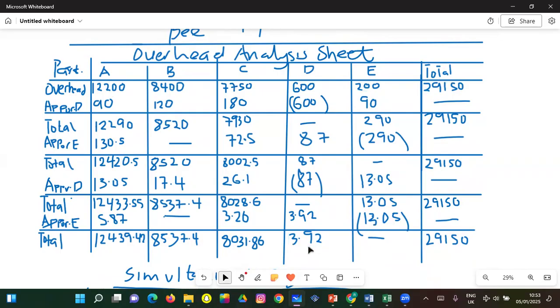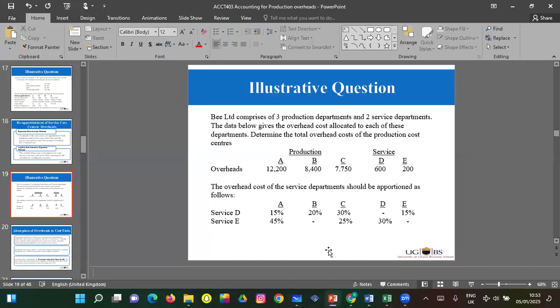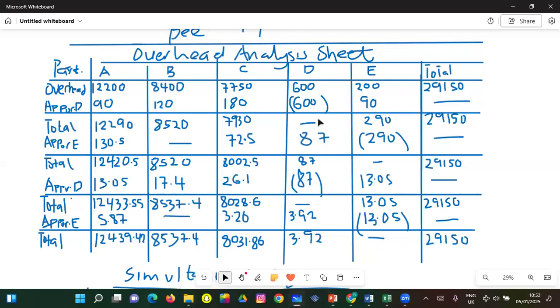So now we are going to distribute the service department onto the production departments A, B, and then C. So let's start from department D, right? We are distributing D.